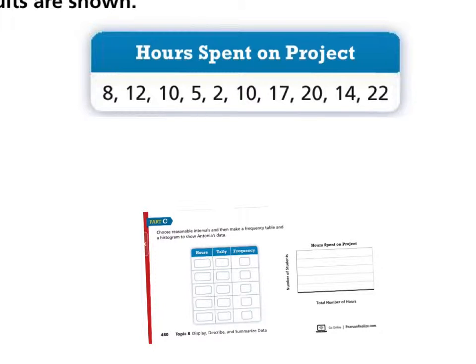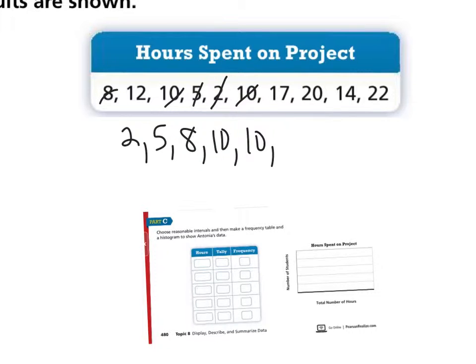One thing you might consider doing to start out is putting these numbers in order from least to greatest. You don't have to do that necessarily, but it might be valuable for you. So just cross the numbers off after we write them down so we can keep track of what we've done and what we haven't done.